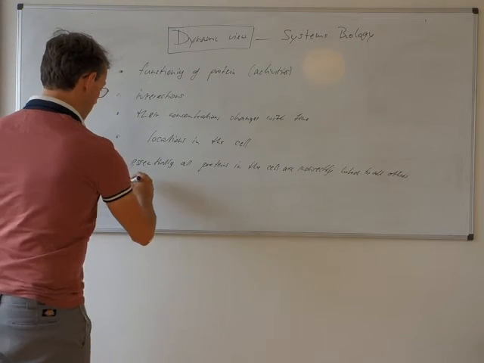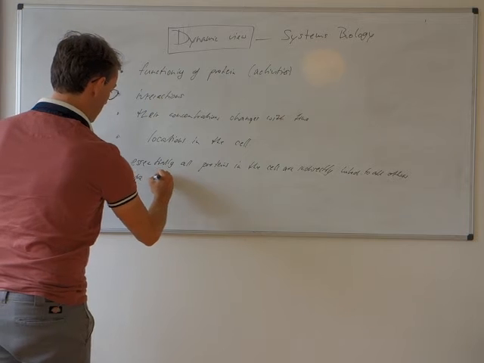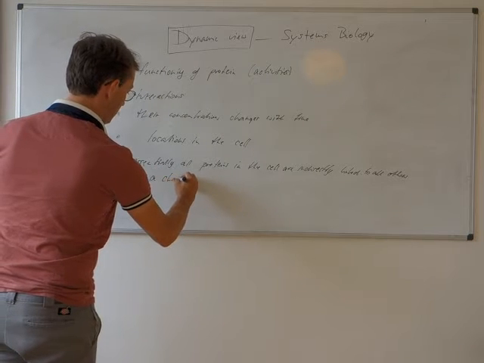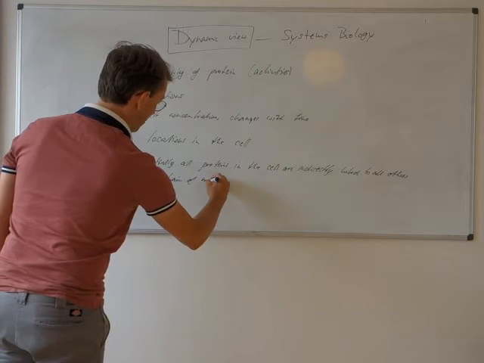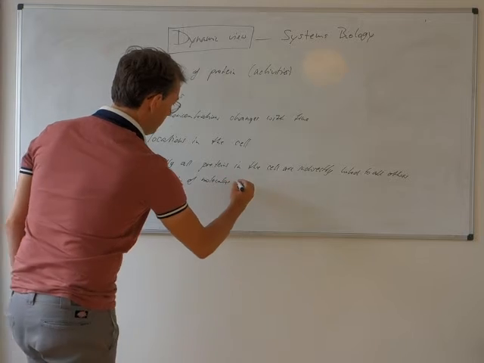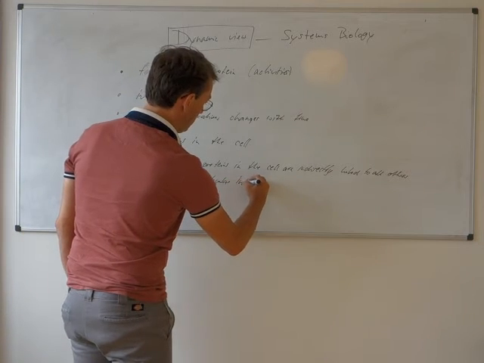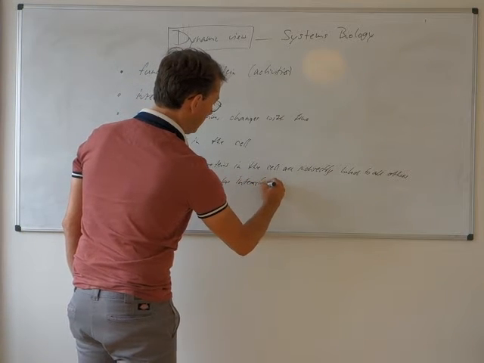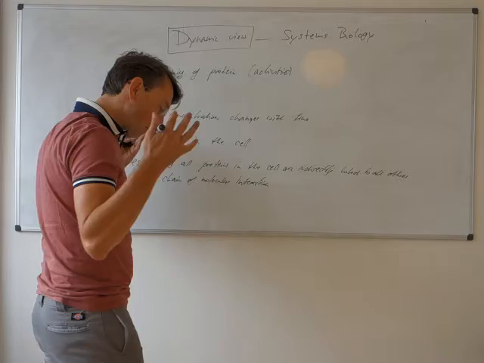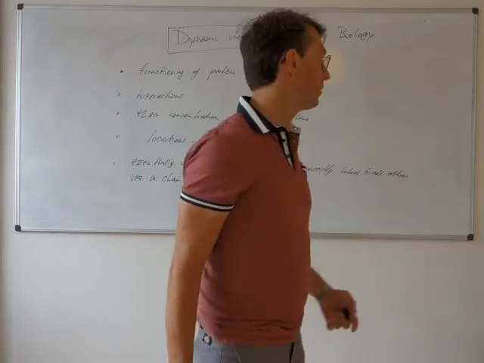Right? Via a chain of molecular interactions. So in principle, when you change the concentration of one protein, this can propagate through the entire network of the cell, right?